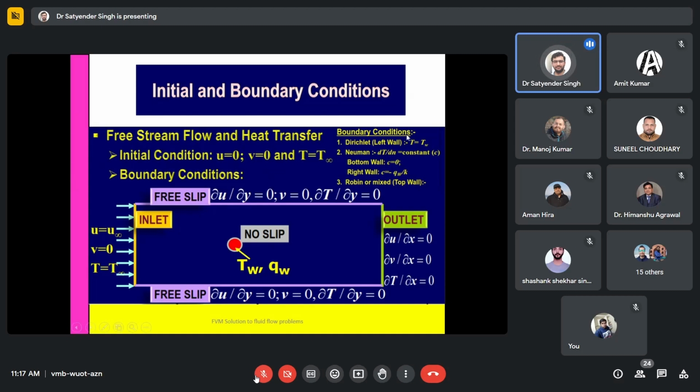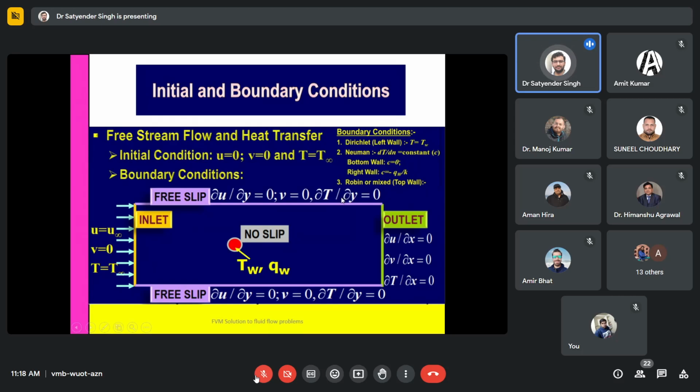Then we have different boundary conditions, as you all will be aware: Dirichlet boundary conditions, Neumann boundary conditions, and Robin or mixed boundary conditions. For those who are new to CFD, for their reference, Dirichlet boundary conditions are those where, in the form of a variable, we directly assign the value to the boundary. When in the form of a gradient or a differential we apply a boundary condition, that will be called a Neumann boundary condition, where this is for insulation.